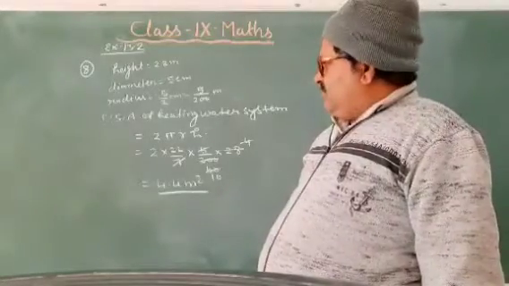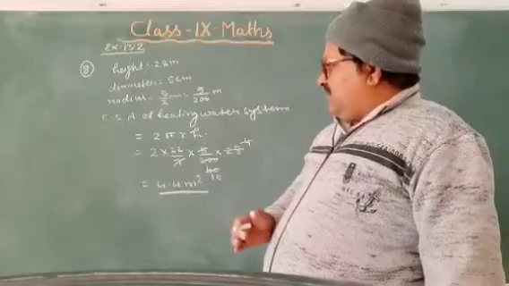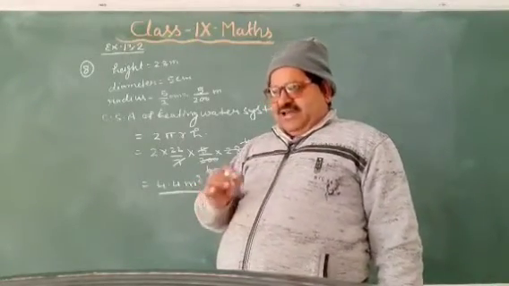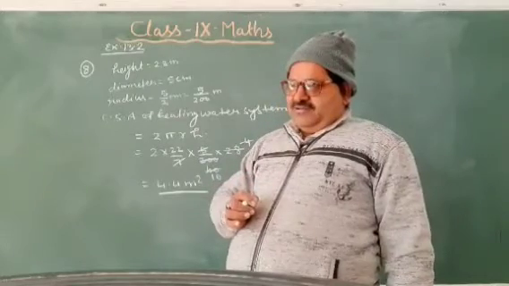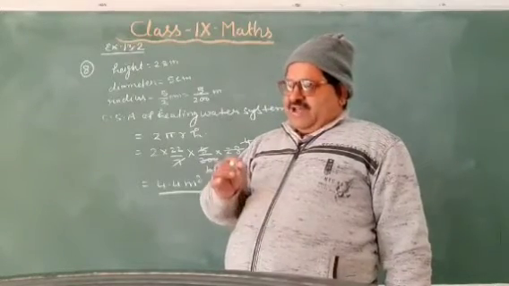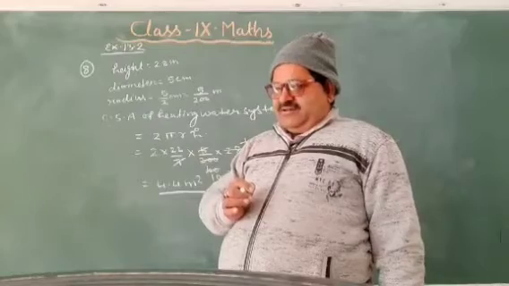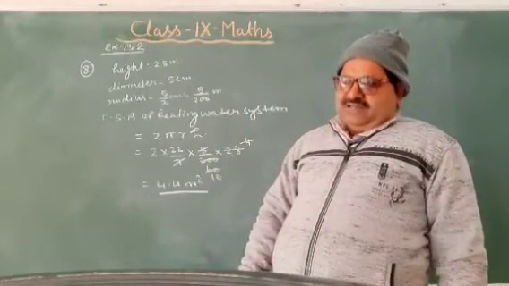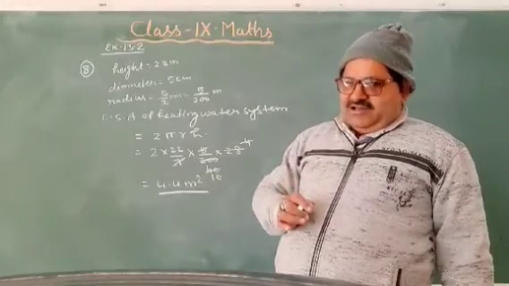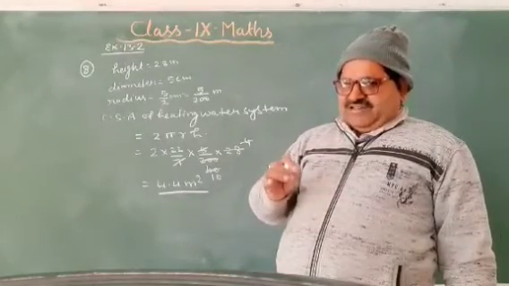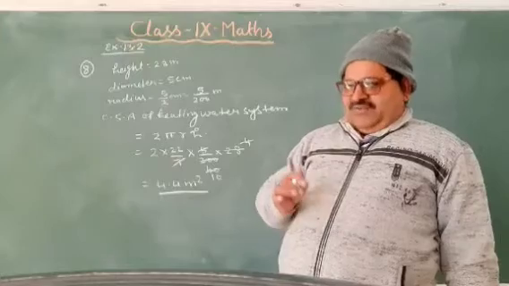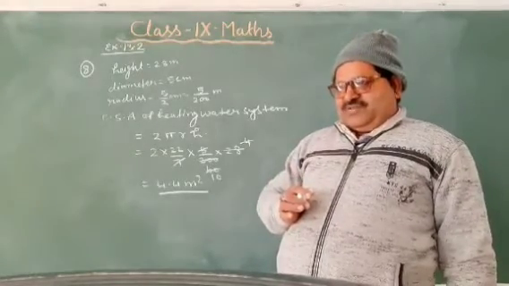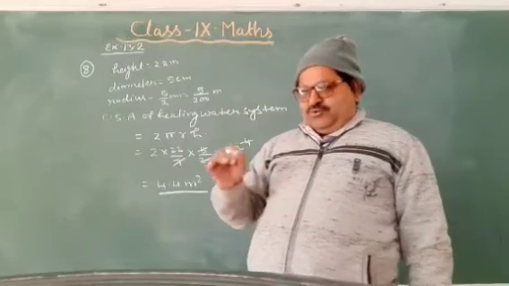Now the height and the diameter are given. Now we change the diameter into the radius. Then find the curved surface area of a hot water system, equal to 2 pi RH.